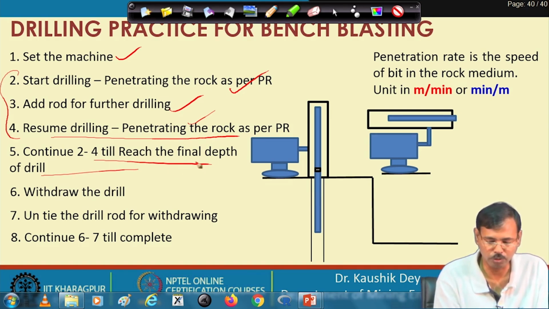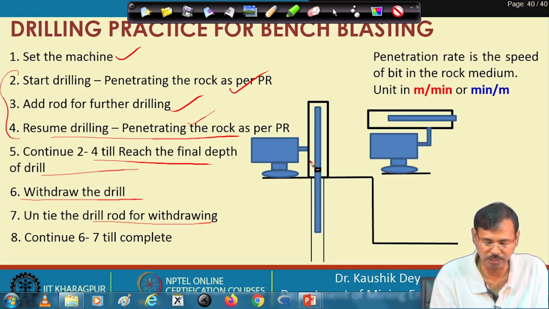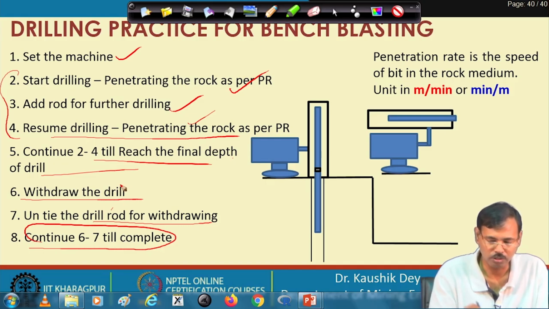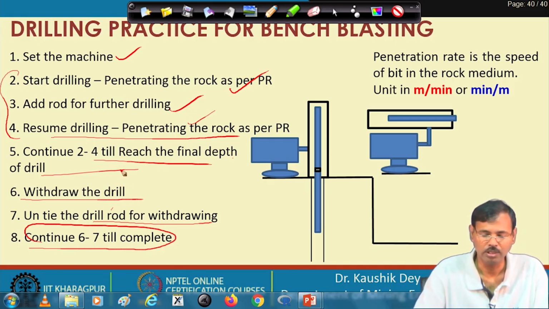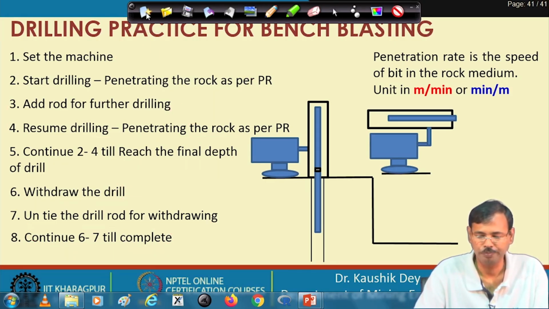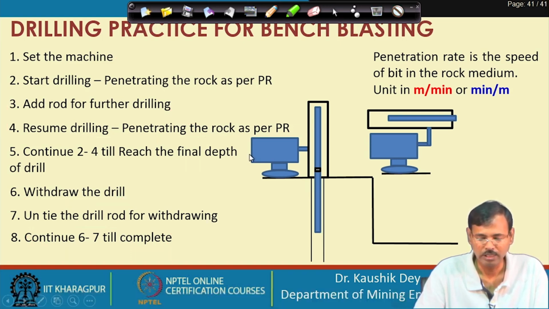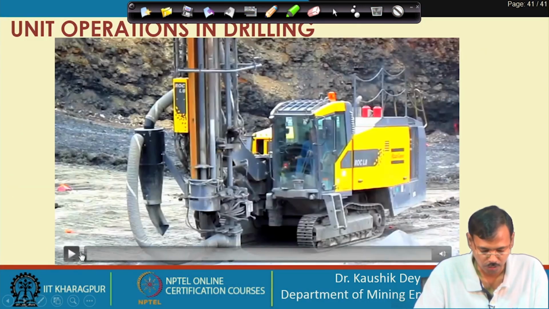Then you have to reach the final depth of drill, then you have to withdraw the drill, then one by one you have to untie the drill rod and again take up the next part. In that case very precisely you need to tie or hold the remaining rod portion which is there, and from this 6 to 7 point you have to complete it until you are moving out of the hole. So, this is the cycle of the hole operations.